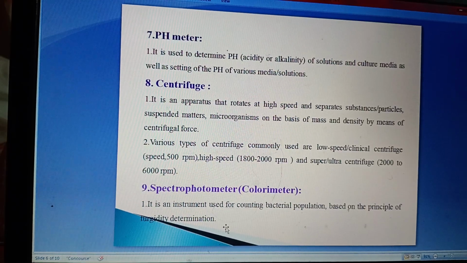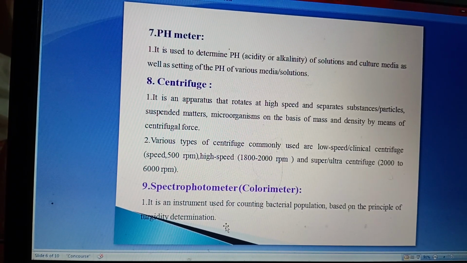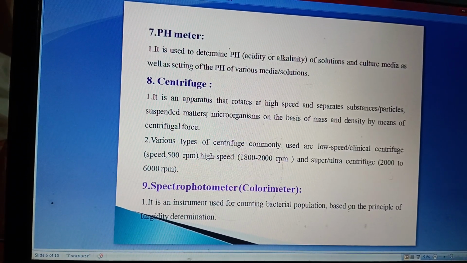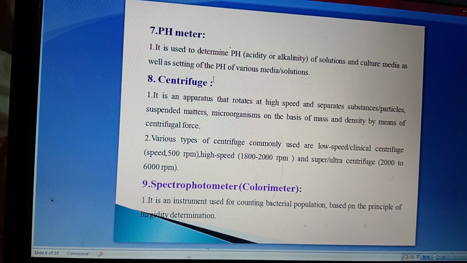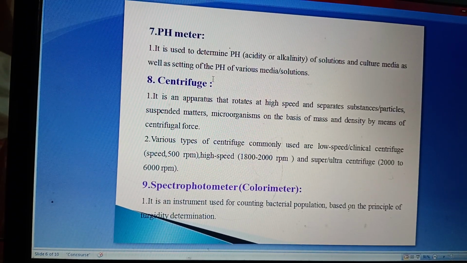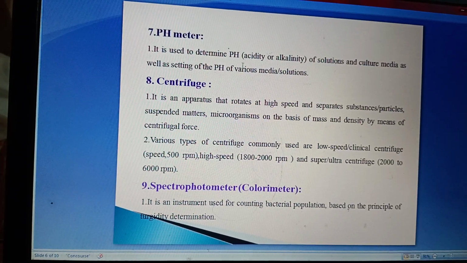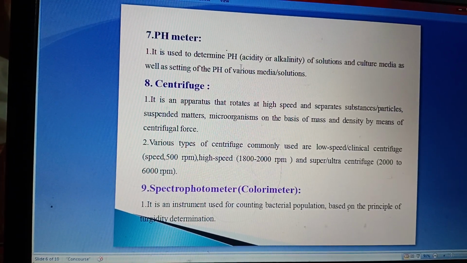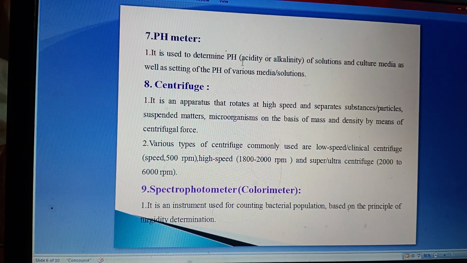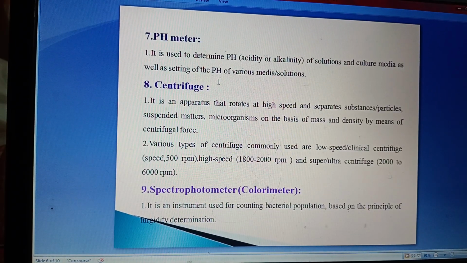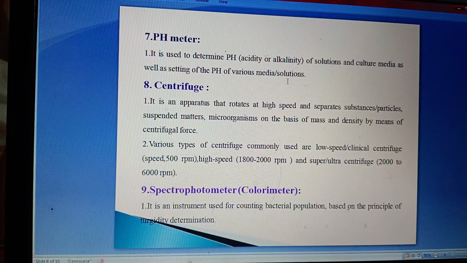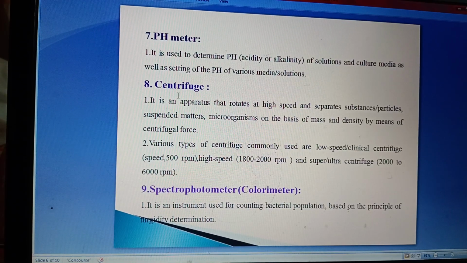Seventh one is pH meter. Most important instrument is pH meter. This is small. It is used to determine pH, acidity or alkalinity of solution and culture media, as well as setting of the pH of various media or solutions. Eighth one is centrifuge.